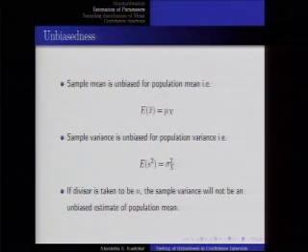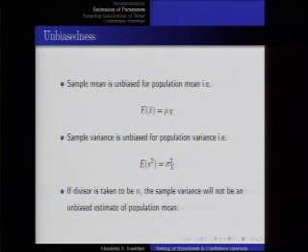And then these estimators have some good properties, in the sense that sample mean is unbiased for population mean. Now what do I mean by unbiased? Unbiased means if I take expectation of the sample means, then it is the same as the population mean. Now what do I mean by this?